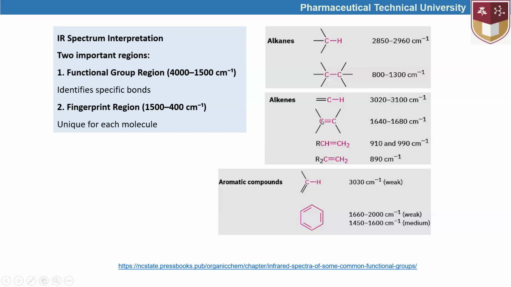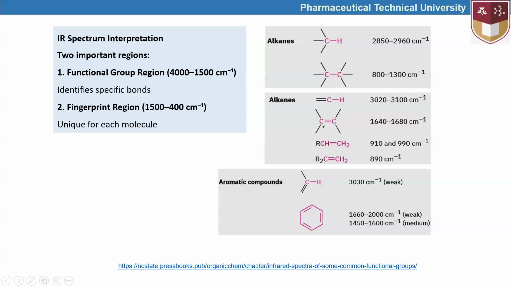Here we can see the differences between this functional group and this functional group, big differences between them. And we can compare hydrogen, hydrogen, hydrogen, carbon-carbon double bonds with hydrogen, hydrogen for this carbon and hydrogen methyl group, for example.